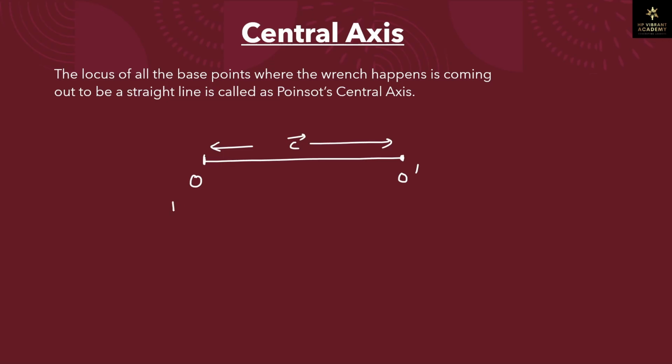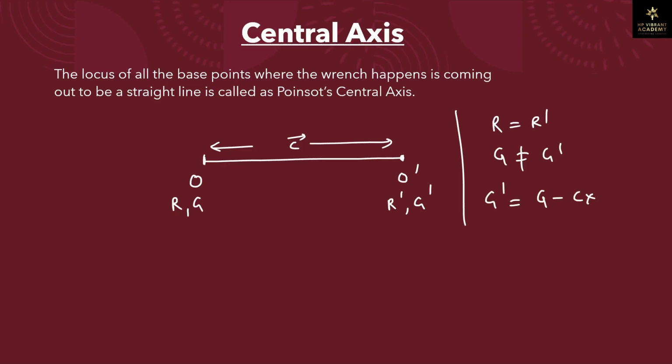At point O we have the resultant as r and couple of moment as g, and at point O dash we have the resultant as r dash and couple of moment as g dash. What we have studied is that on changing the base point from O to O dash there is no change in the resultant, so r is equal to r dash, but there is a change in the couple of moment, so g is not equal to g dash. Also we have the relation g dash is equal to g minus c cross resultant vector.